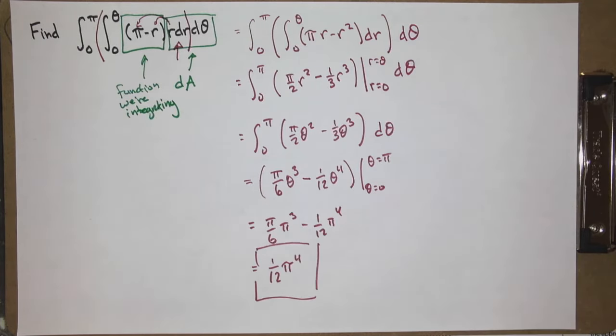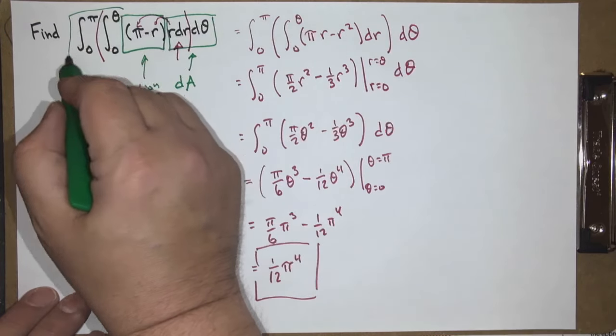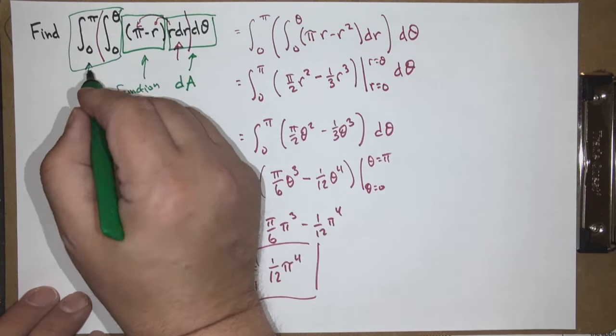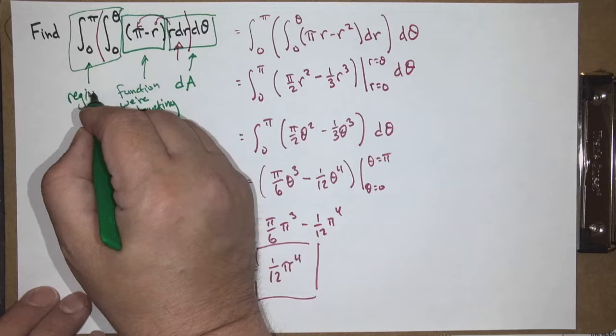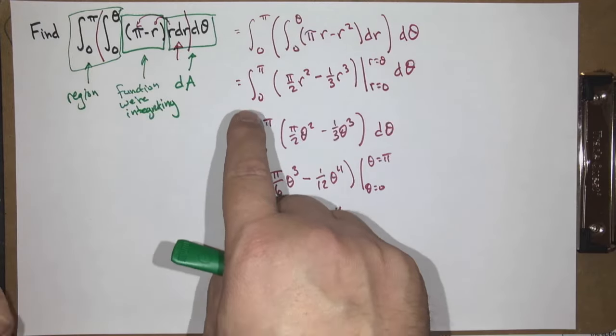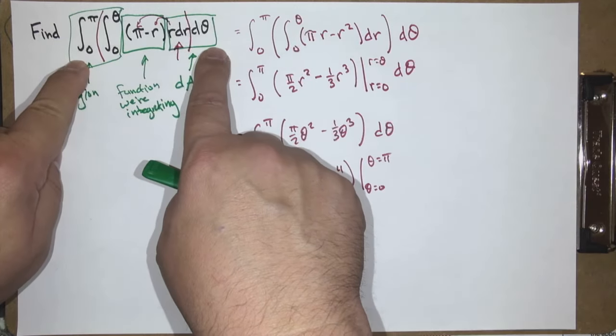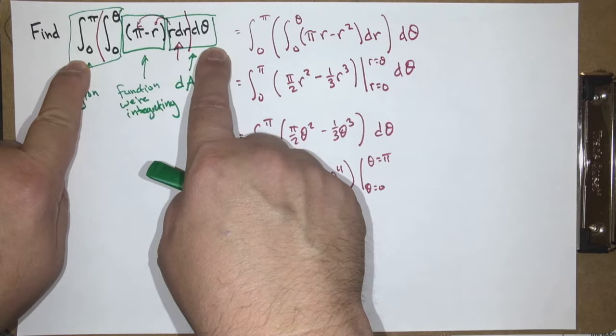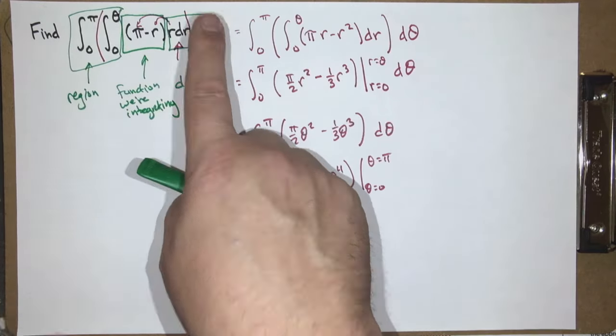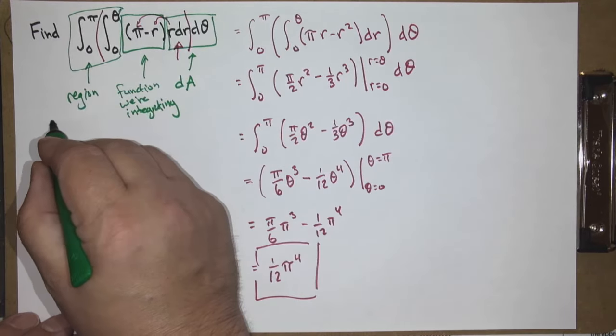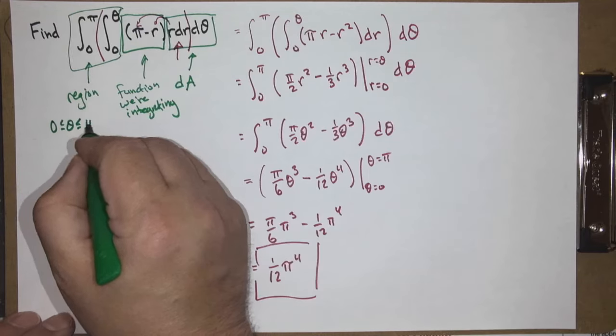Now, finally, let's talk about the region. So the region we get from the bounds, and you have to be careful how to read the bounds. So what do the outer bounds tell us? Theta goes 0 to pi. What do our inner bounds tell us?